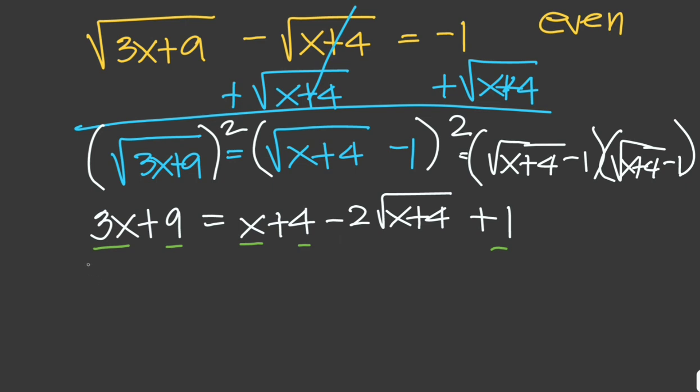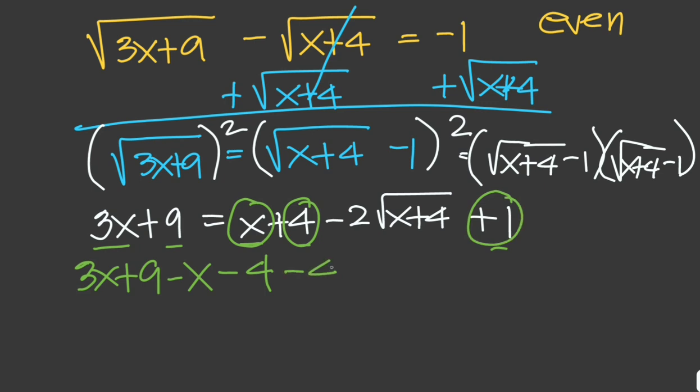So this would become 3x plus 9. We transpose x to the left, that would become negative x. Then 4 to the left, that would become negative 4. Then 1 to the left, that would be minus 1. Then we're left with negative 2 square root of x plus 4 on the right side.